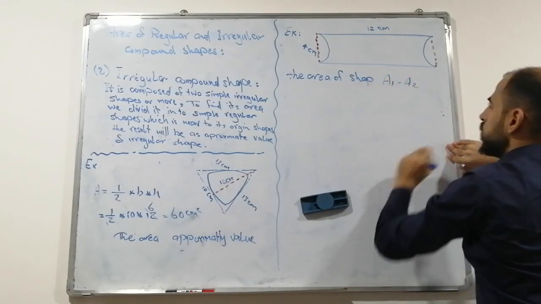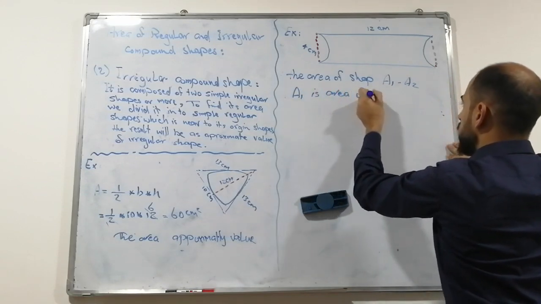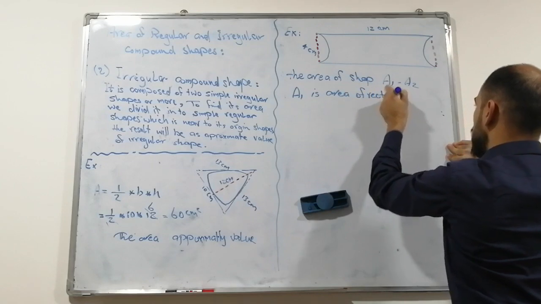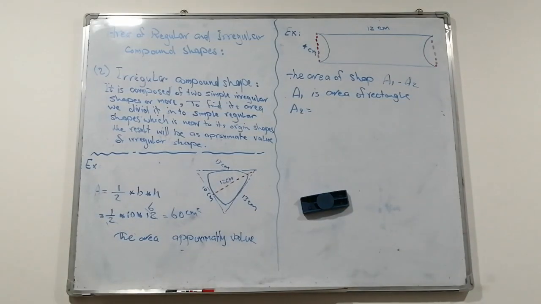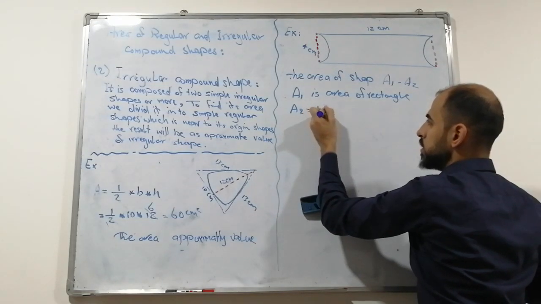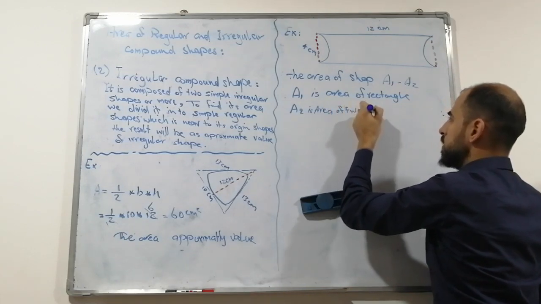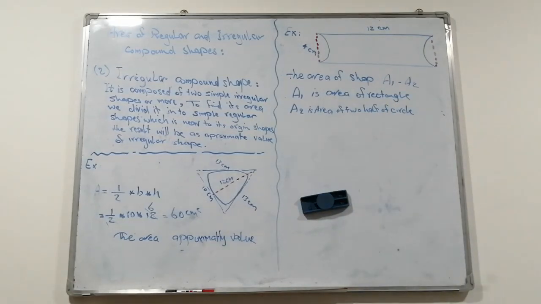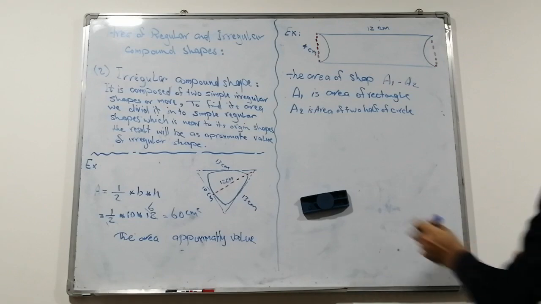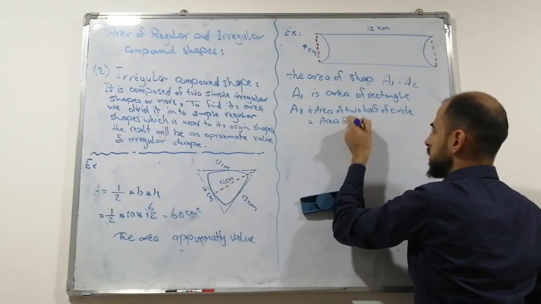A1 minus A2, where A1 is area of rectangle and A2 will be, as we say, area of 2 halves of circle, which is equal to the area of circle.